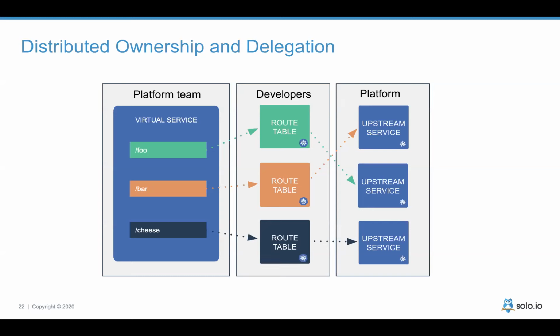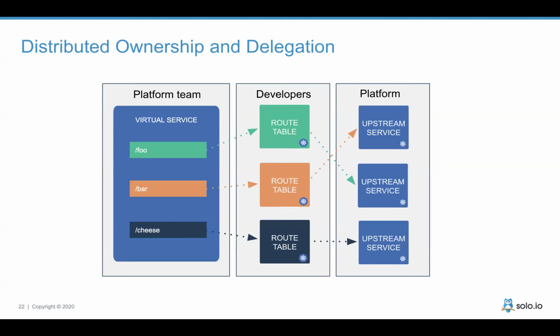So we've introduced one other abstraction called a route table, which allows you, instead of defining all of your routes on a virtual service, to define a delegate object off of a particular path. So maybe example.com/marketing should be delegated to the marketing team's route table. And then the marketing team might own /marketing/foo, all the services associated with that prefix.